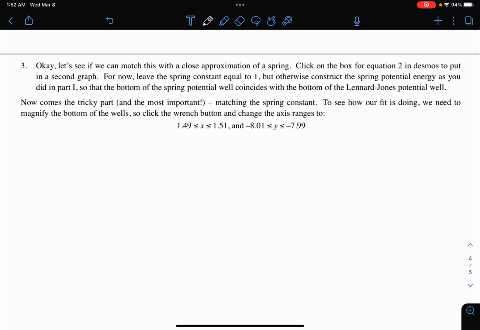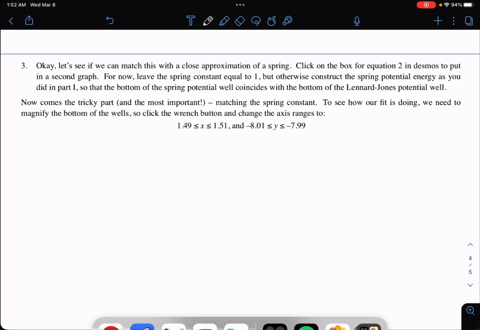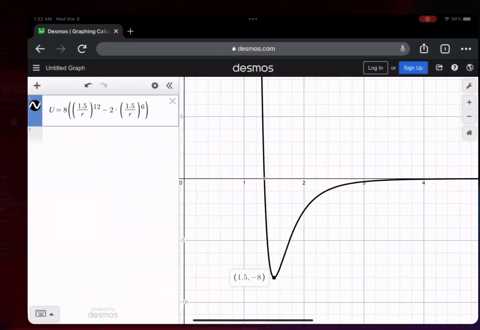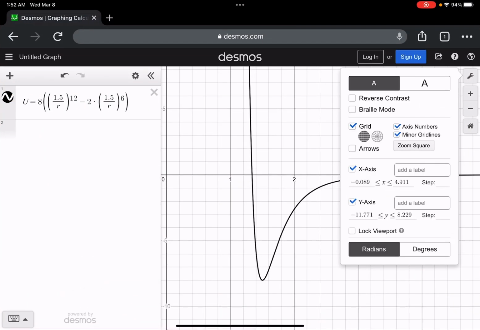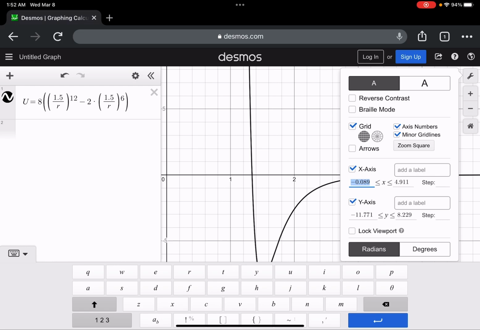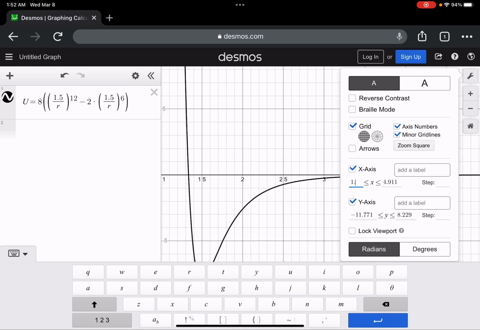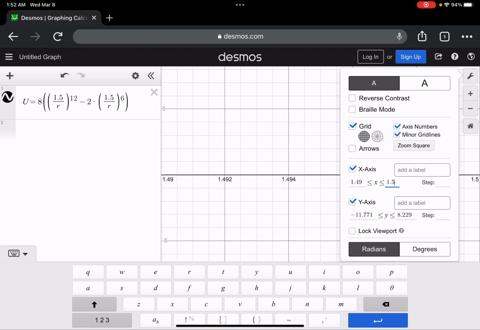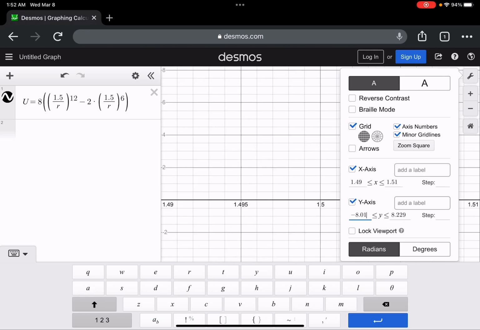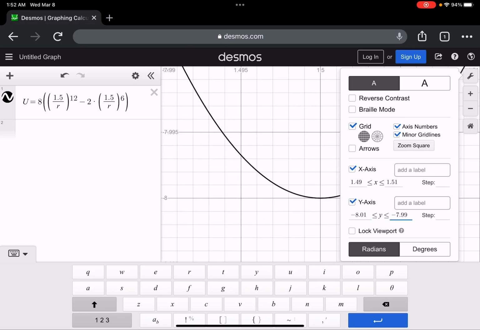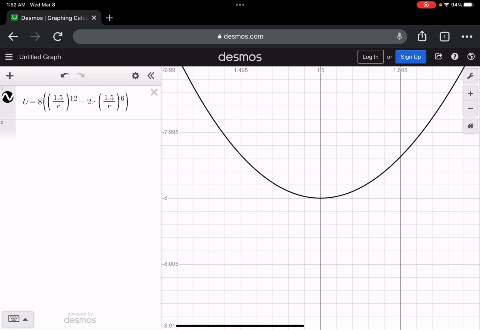Let's zoom into the lowest point. It is somewhere around 1.5, so 1.49 to 1.51, and somewhere around minus 8, so minus 8.01 and minus 7.99. Good. So in this range we can see the very bottom of the Lennard-Jones potential.